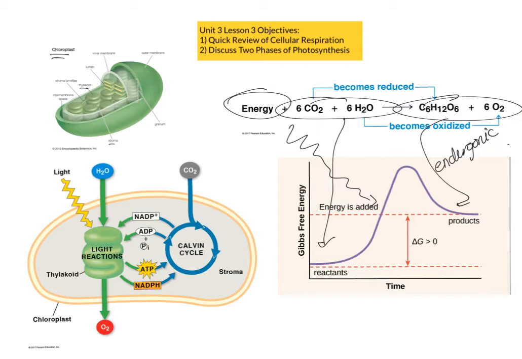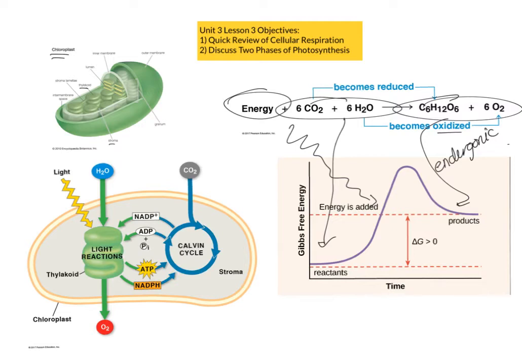Now, the question asks, does water get reduced or oxidized throughout photosynthesis? Well, we see from this diagram that it becomes oxidized, meaning that it loses electrons, and we'll see where that happens in a moment. But water gets oxidized throughout photosynthesis.